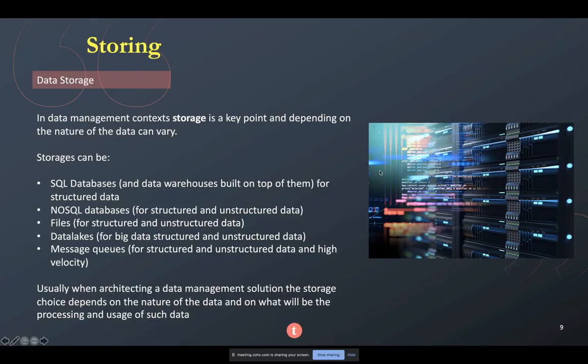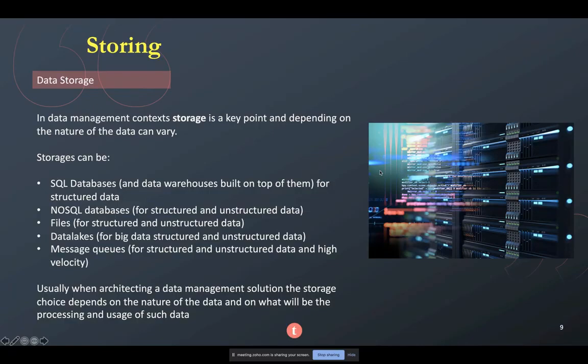And then also message queues, as I was anticipating before, that are mainly used when you have high velocity data, for example in IoT contexts or in many other contexts where you have high velocity production of data.